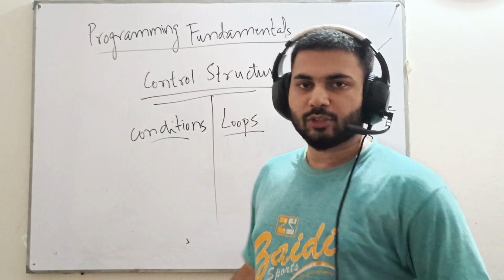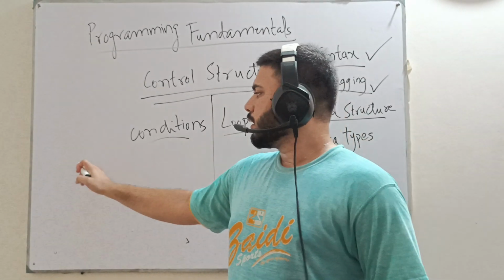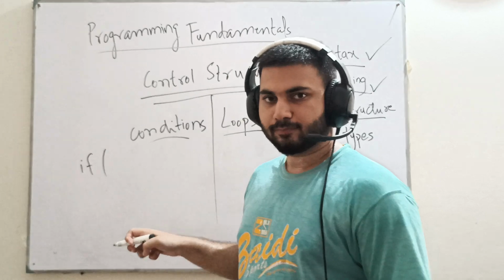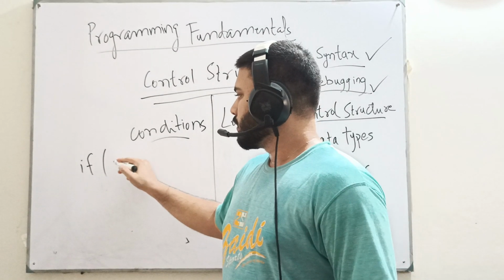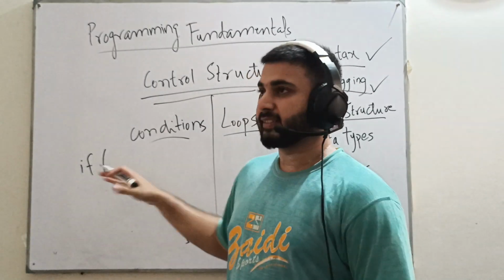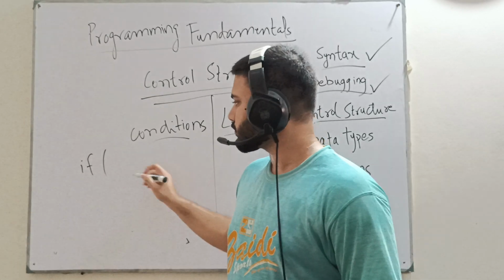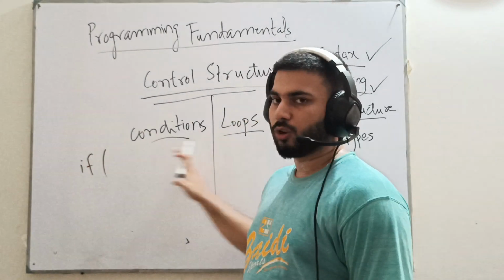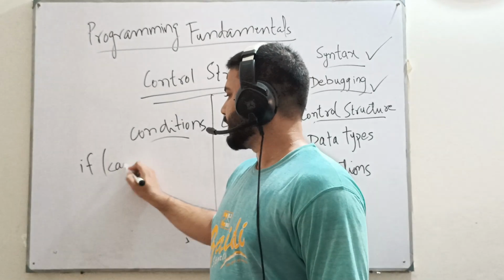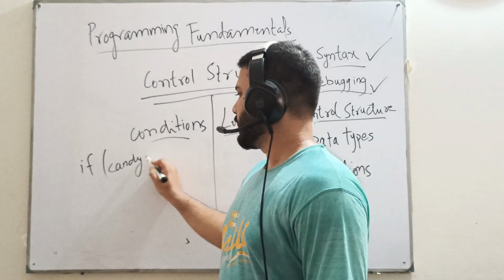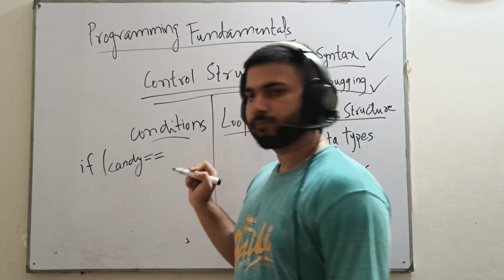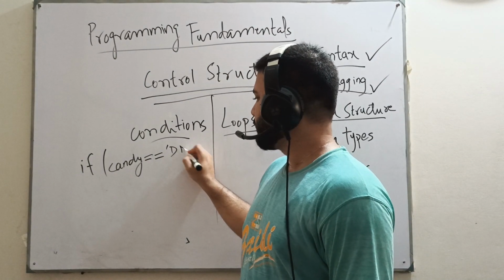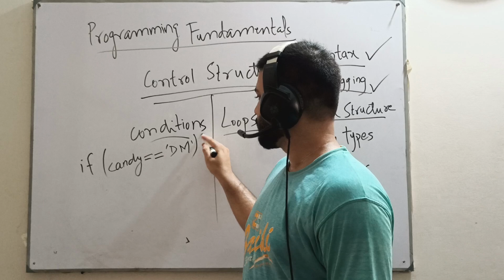In terms of code, what should I say? If bracket, the example was of chocolate, right? I'll switch it to candy because chocolate is too long to write. Candy is equal to dairy milk, bracket.